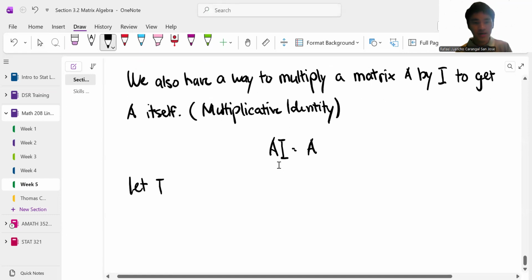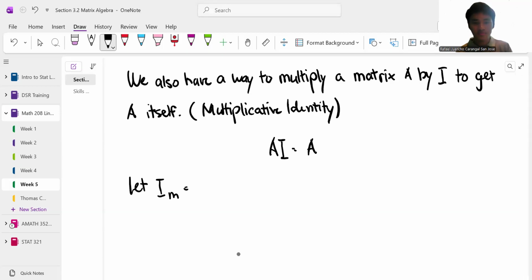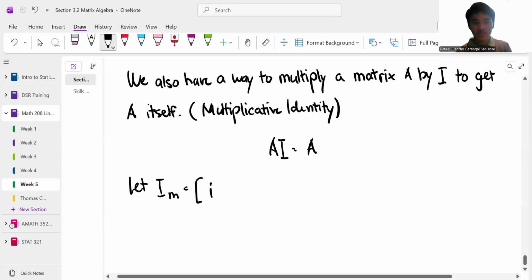So let's deduce what I is. So I, let's say, sub M, and it has these vectors.